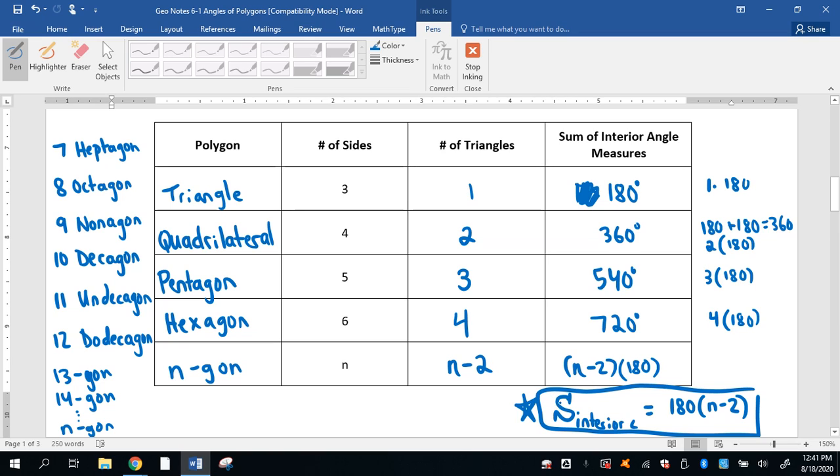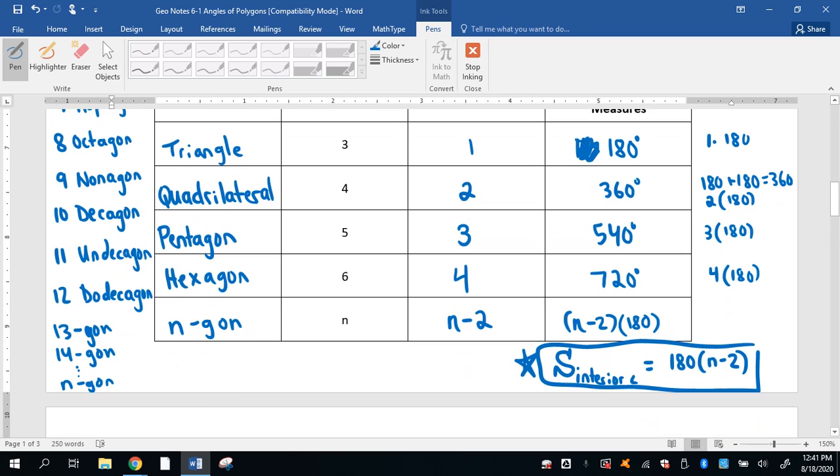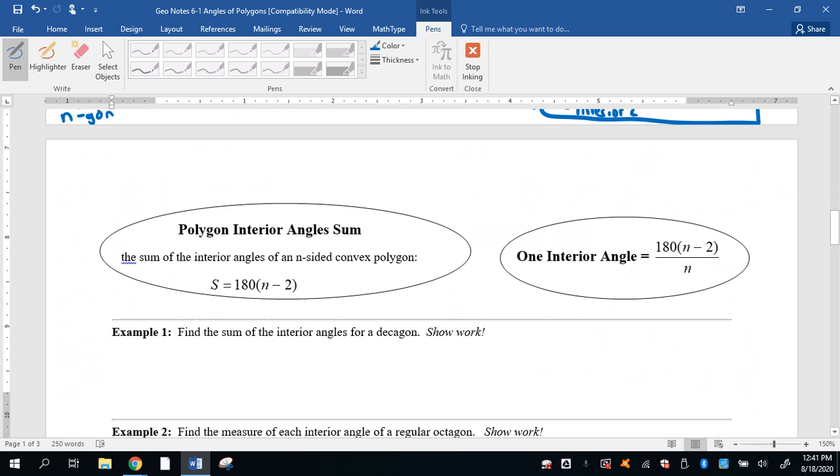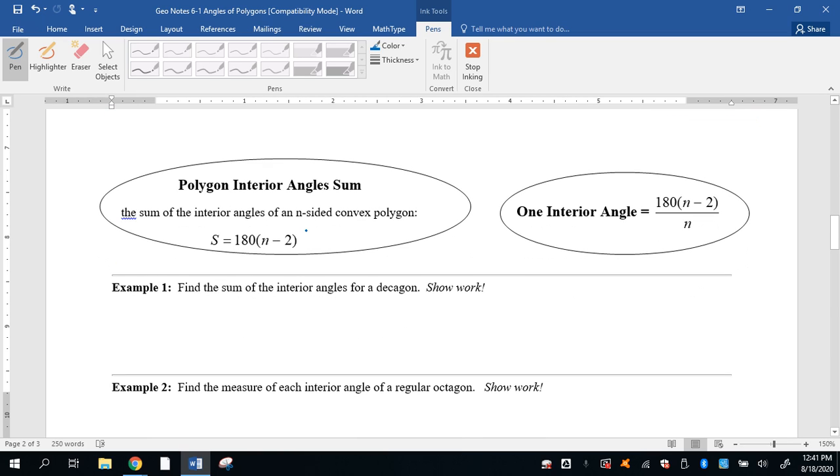So one interior angle measure for a regular polygon would be that sum divided by the number of sides, or the number of angles. That's listed on the back side.